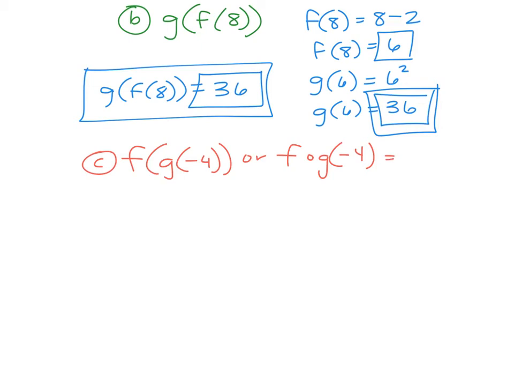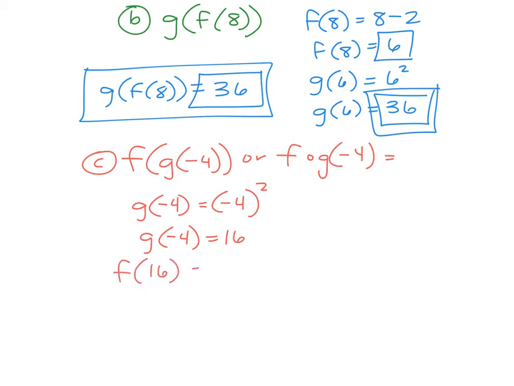So we're plugging a -4 into g. So g of -4 is, what is that equal to? Positive 16. Good. It's -4 squared. Don't forget the parentheses. So g of -4 is 16. Now you'll plug that into f of x. So f of 16 is going to be 16 minus 2, which is 14, and that is your answer.